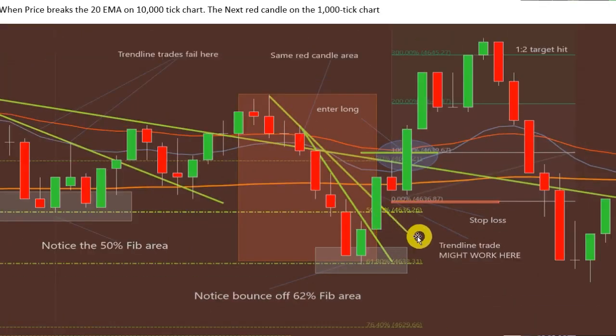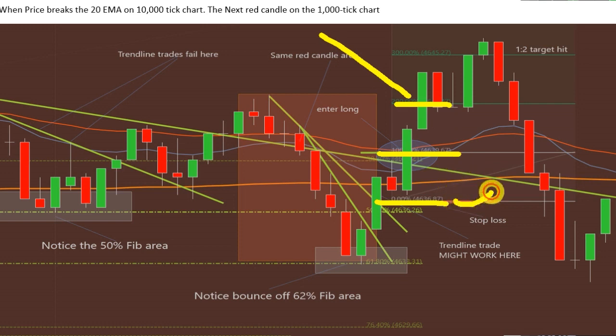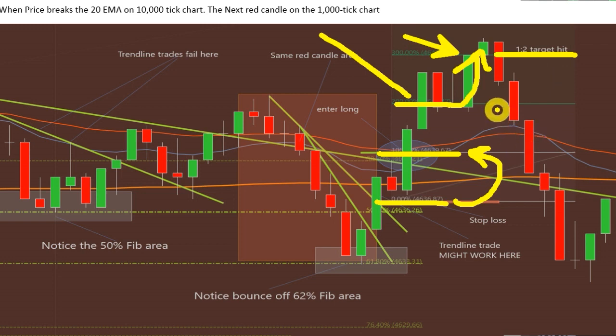Let's take a look at how we would take this trade. We enter here, stop loss is here, target 1 is hit. As soon as target 1 is hit, we move our stop to break even. We hope that price keeps going, and it does. So we got target 2 hit, right? We could take the trade off there, or take some of our trade off if we have multiple contracts, or we could just move our stop to target 1, which will still get target 1 if it comes back down.